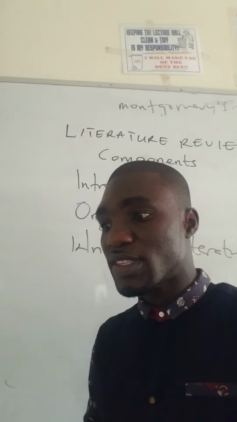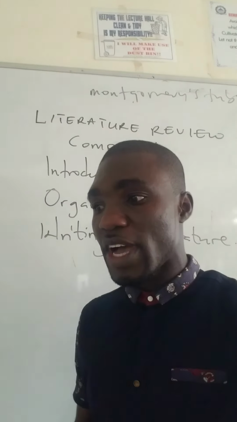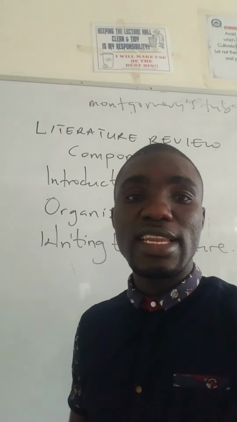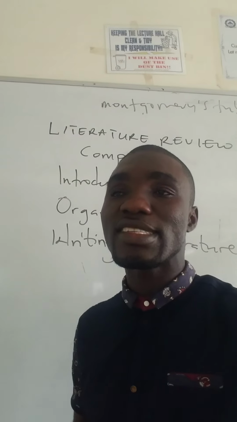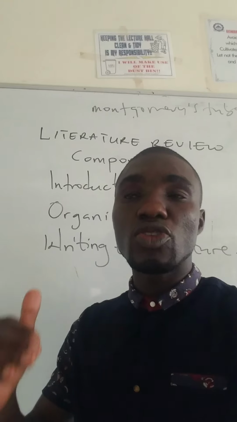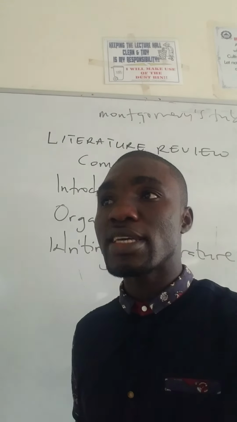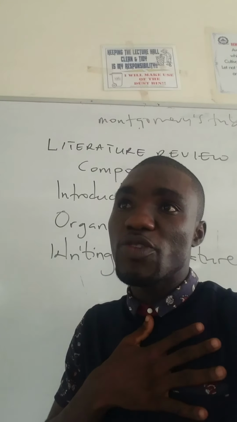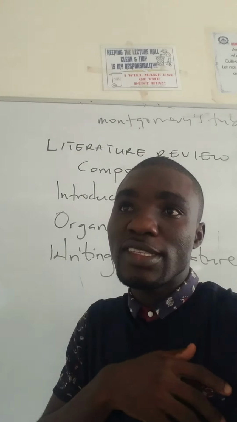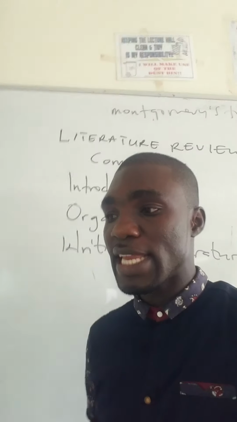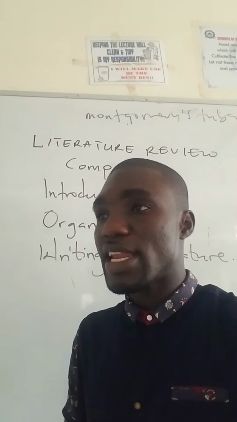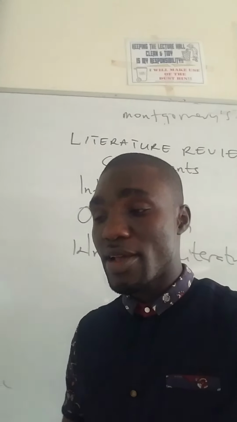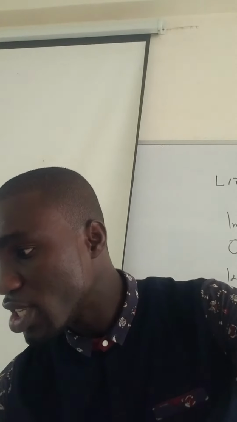As you've seen in the components, you should have an introduction, and after that you should organize the literature based on your objectives, right? It's expected that if you have 4 objectives, you should have 4 subheadings for your literature, and then you go ahead and write the literature.